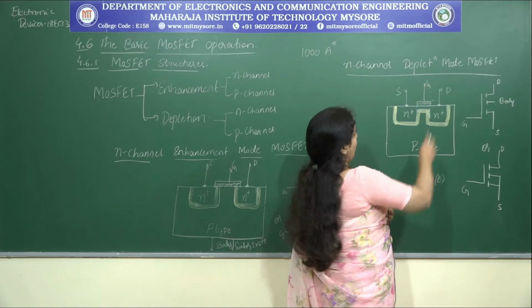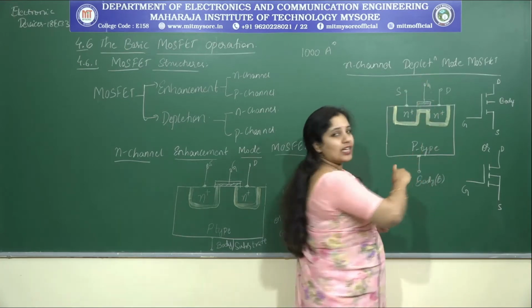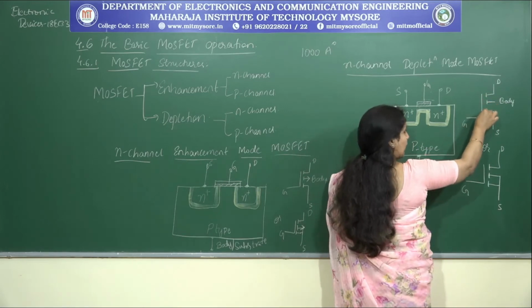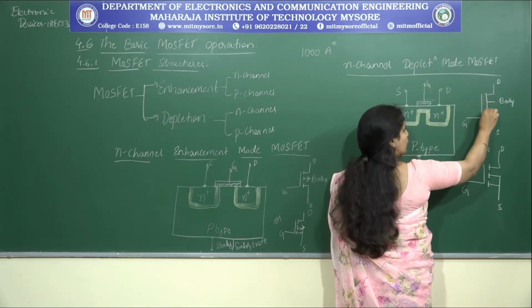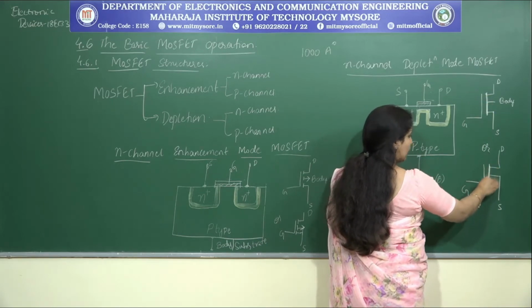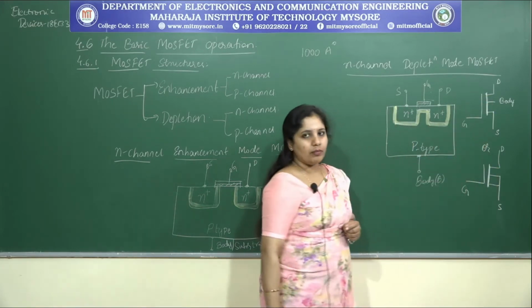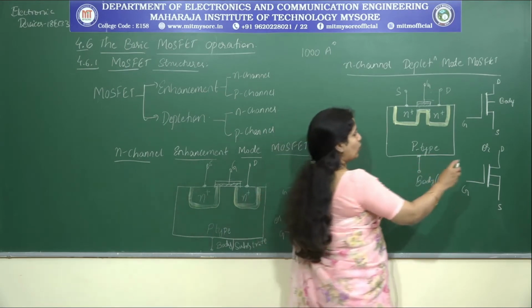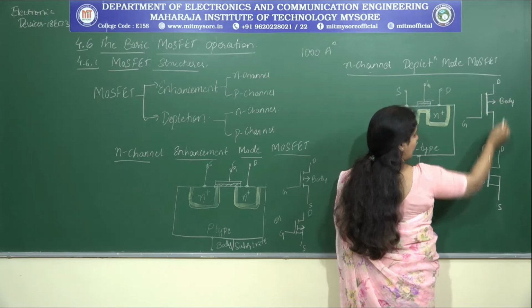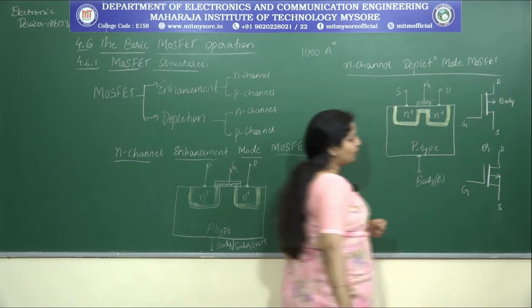Now, what is depletion? There already exists a channel. How will I indicate that? Instead of writing separate lines, join them together, which will indicate clearly that this is a depletion type MOSFET. And since it is N channel, the direction has to be outwards.